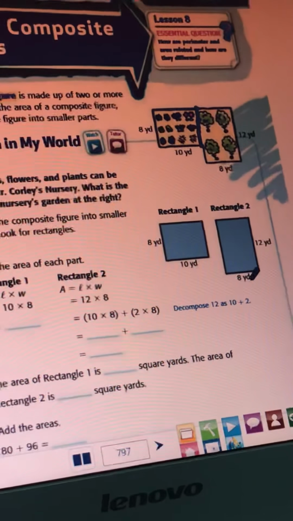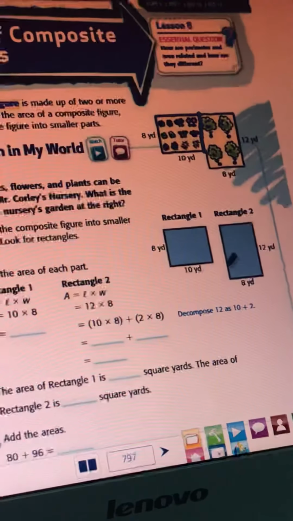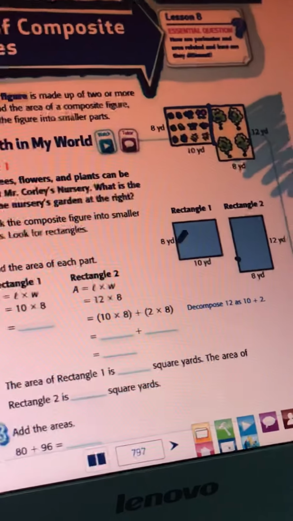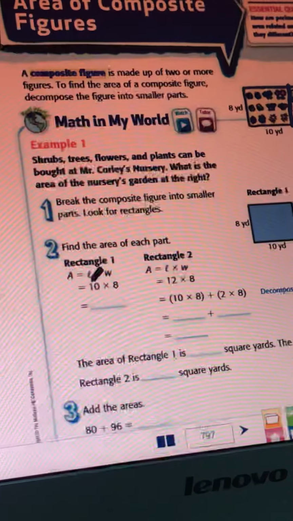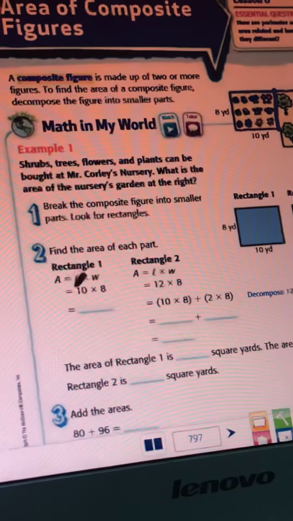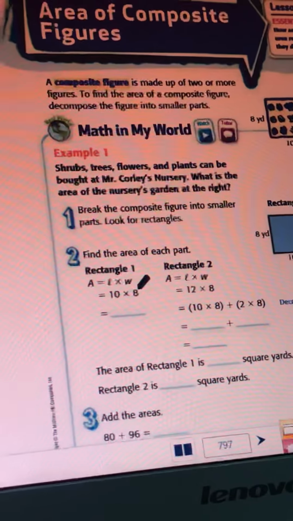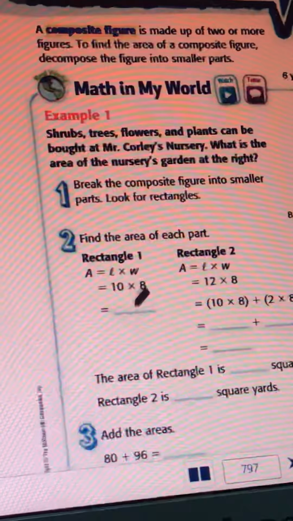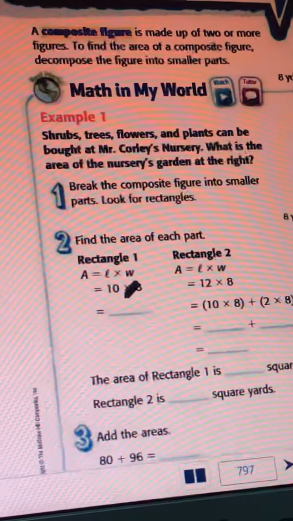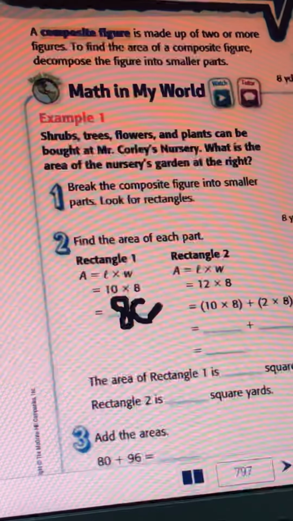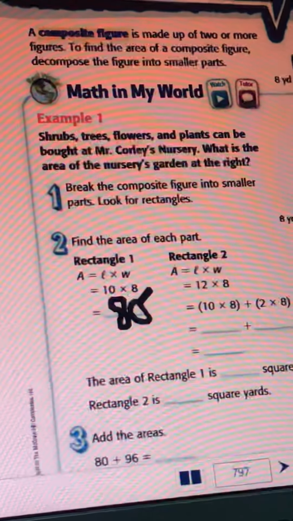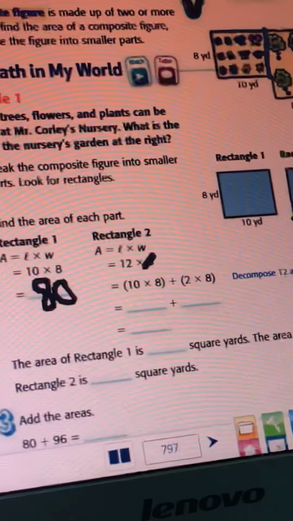In solving the area of the composite figure, let's first start with the first rectangle. Just the same as the lesson yesterday, multiply the length and the width. So 10 times 8, the answer will be, correct, 80. This is for the first rectangle.